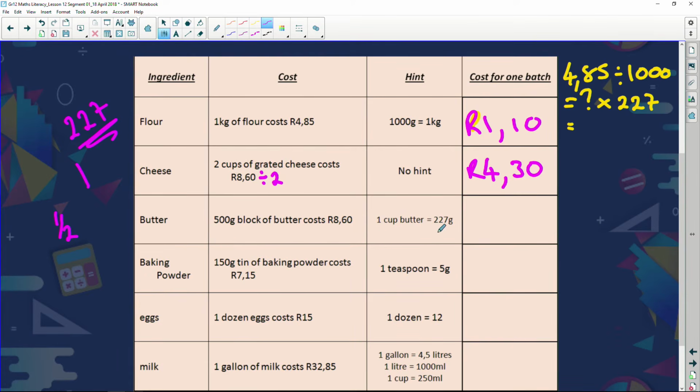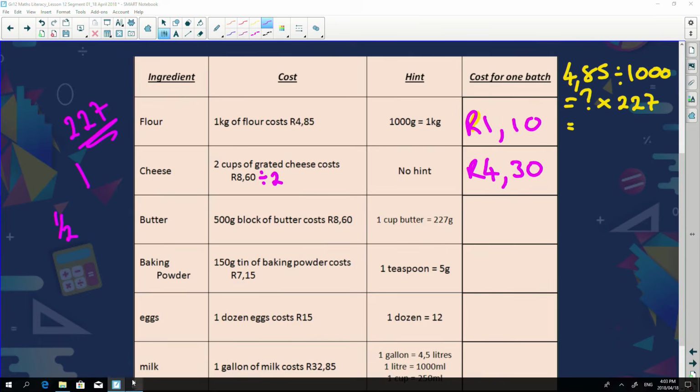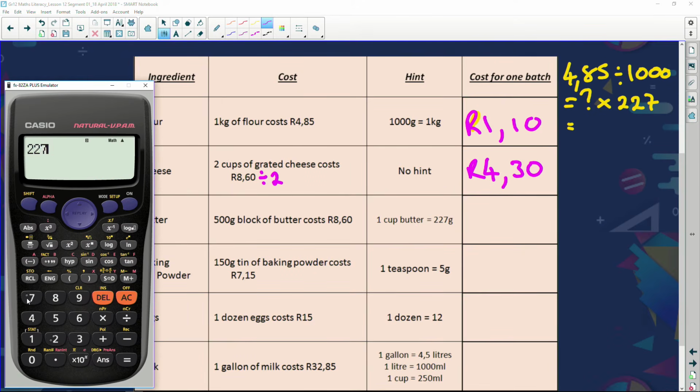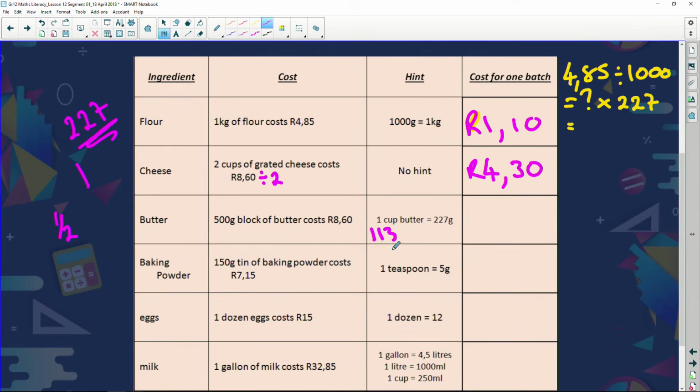So I'm going to take this 227 and I'm going to divide it by 2 to get ½ a cup. So let's do that. We say 227 and I divide that by 2 and I get an answer then of 113.5 grams. That's how much butter I need.